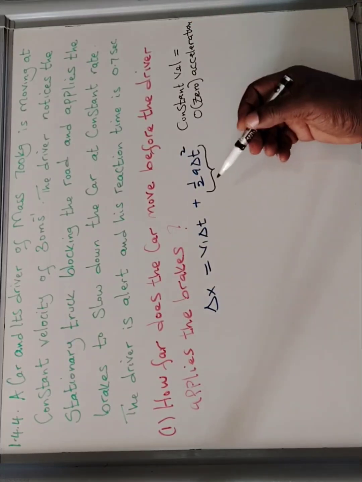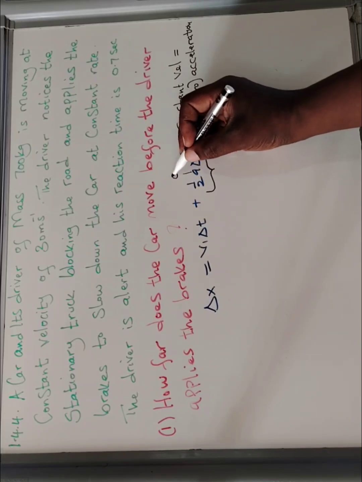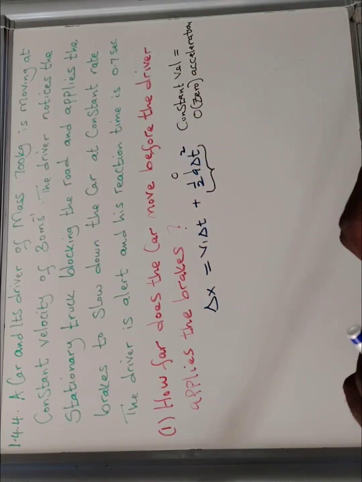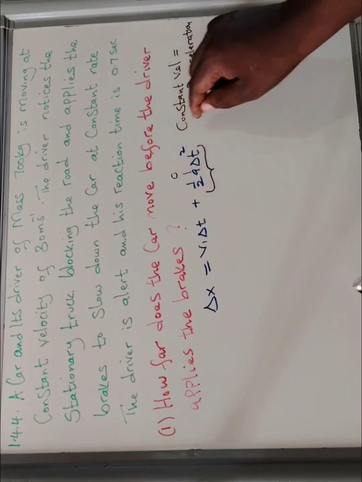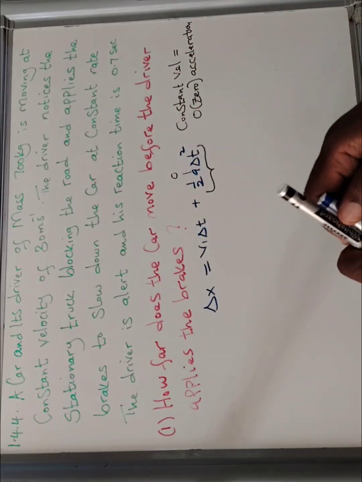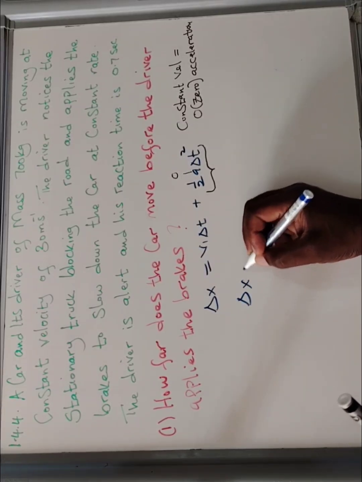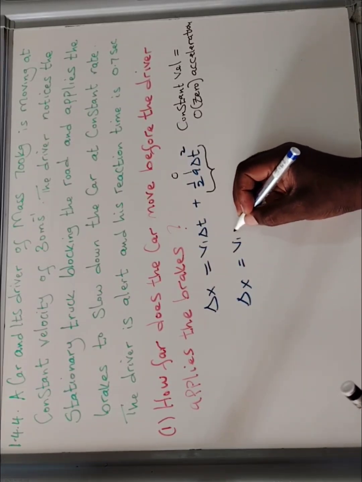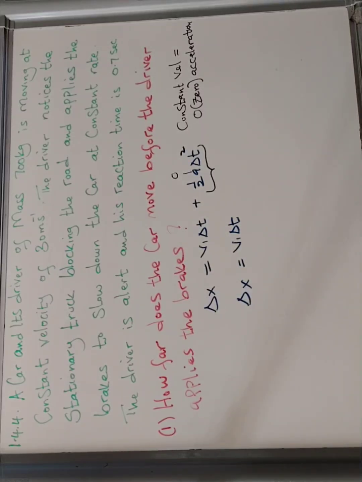So what does that mean? That the acceleration here is 0. Zero implies that the entire factor here is 0. So what are we remaining with? We're remaining with an equation which says delta x is equal to vi delta t. This equation we've been using since primary school.